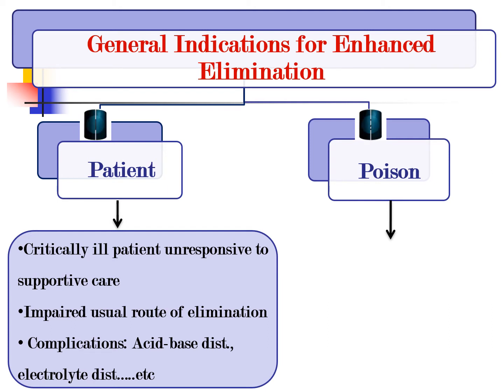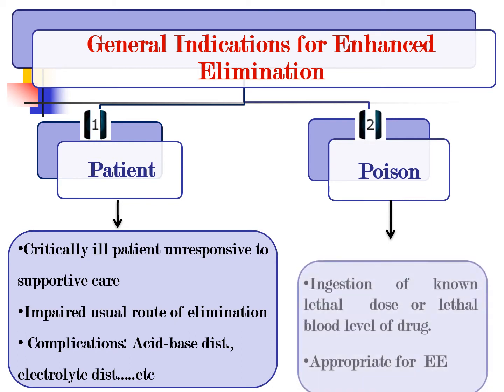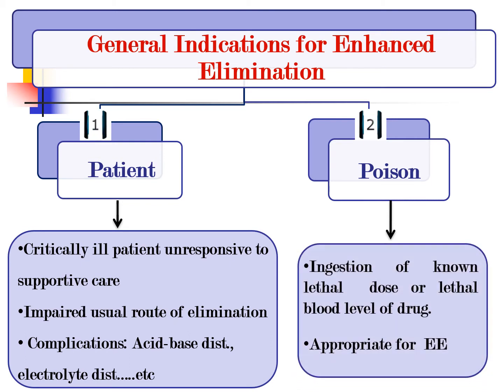On the other hand, the factors related to the poison include ingestion of a known lethal dose of the drug or the toxin. When my patient gives a history that he ingested a lethal amount of the toxin, or when I investigate my patient and find a lethal blood level of the drug, here I need to do enhancement of elimination.